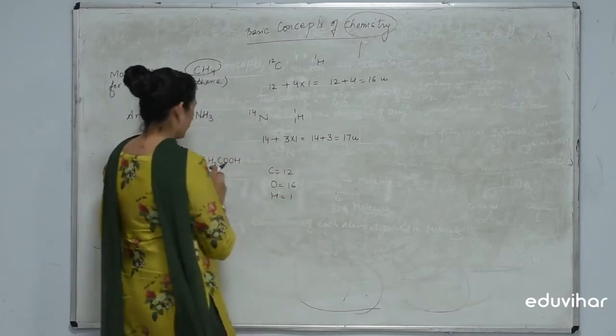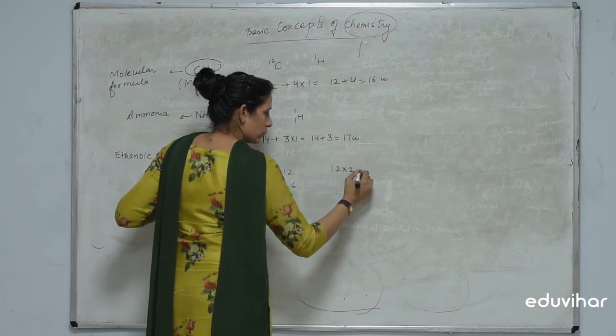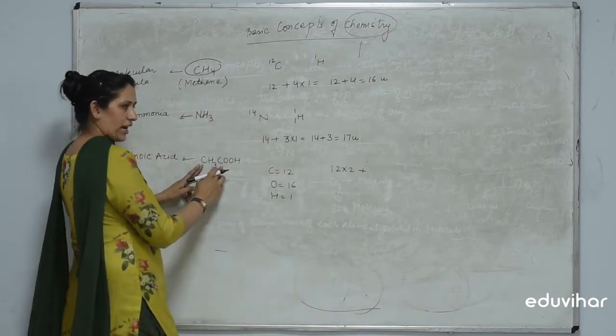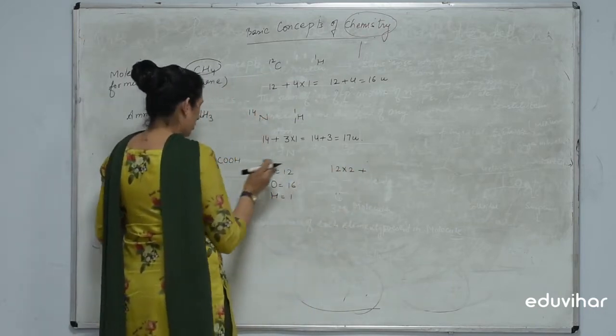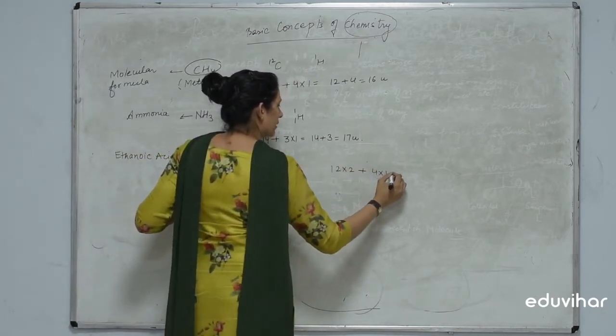We have 2 carbon, that's why 12 multiplied by 2, which is 24. Hydrogen, 4 multiplied by 1, plus.